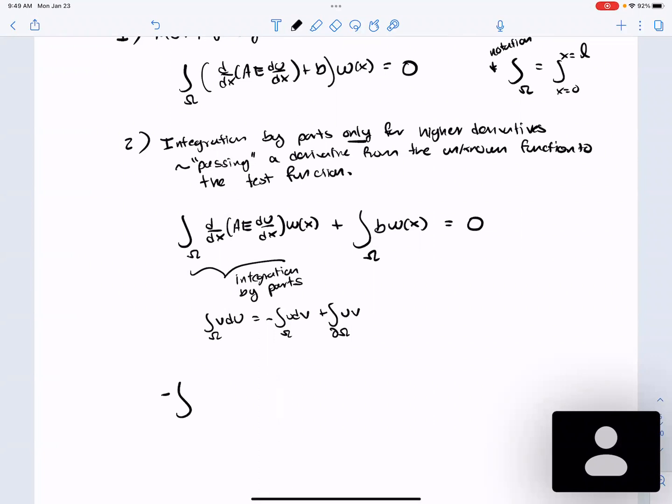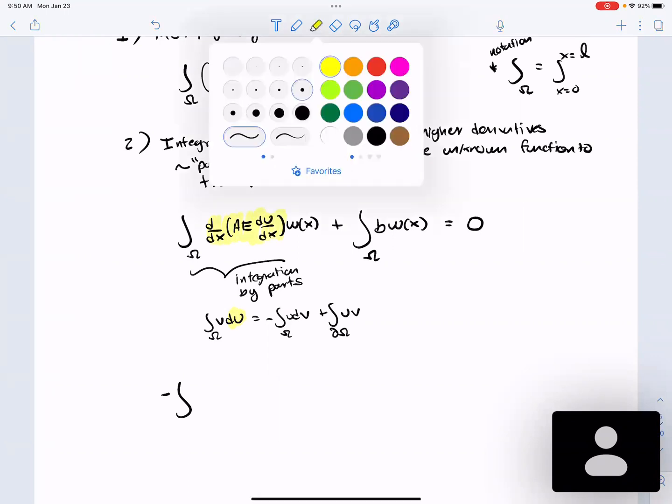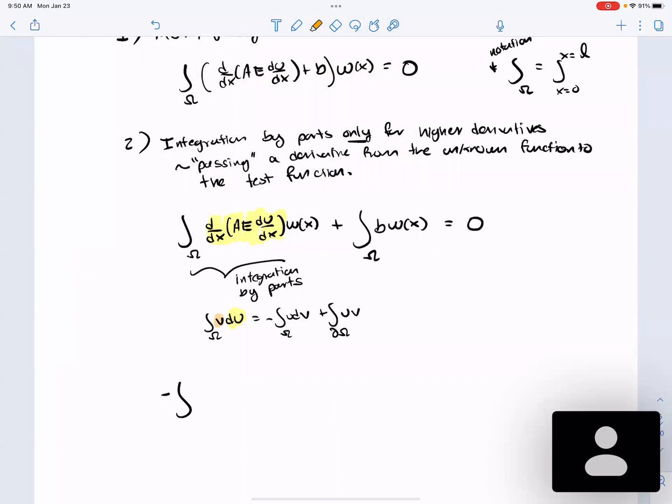So in this case, we're going to get minus. The thing that has the derivative, maybe I'll color code it, what is du is this thing right here, and v is the w. So I'm going to pass that derivative d/dx that has this du to the w.